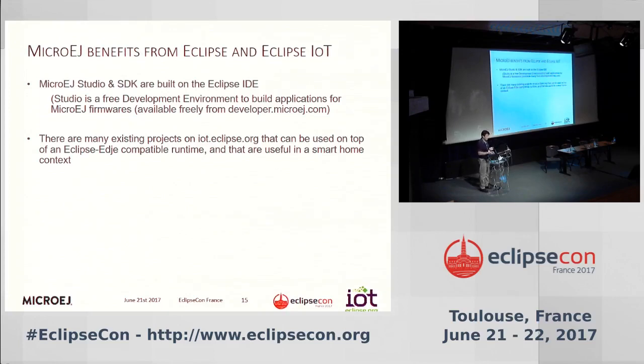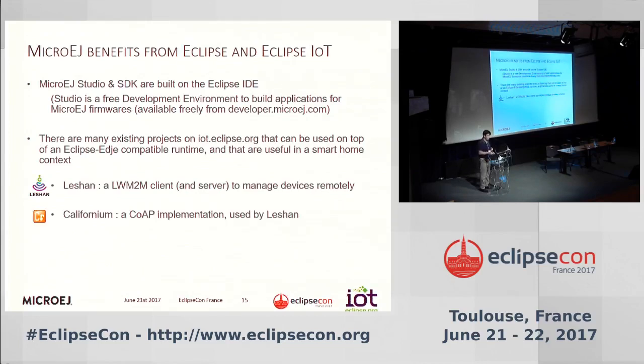But not only that, there are many existing projects in the IoT community that are already Edge compatible, and that's what I'm going to focus on for the next minutes. For example, Leshan, we use it for remotely managing devices. There is a client and there is a server, and we use both in our context.